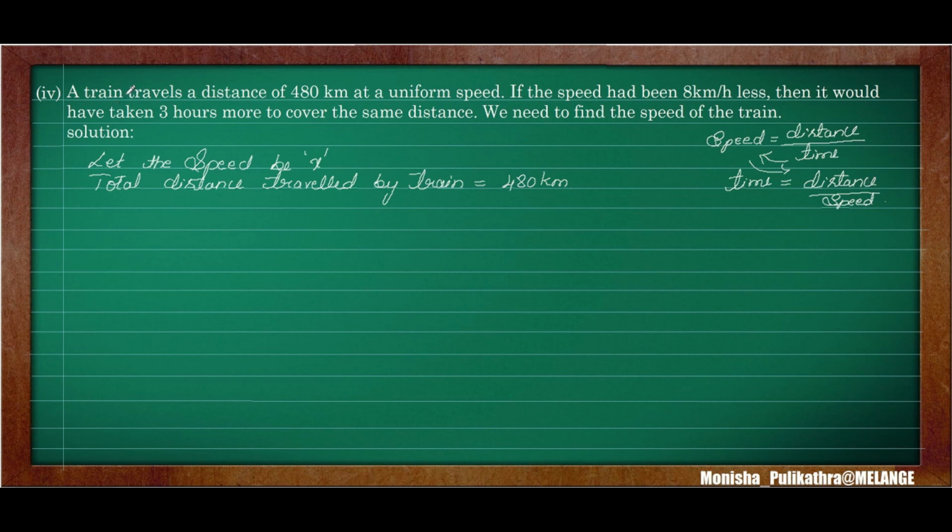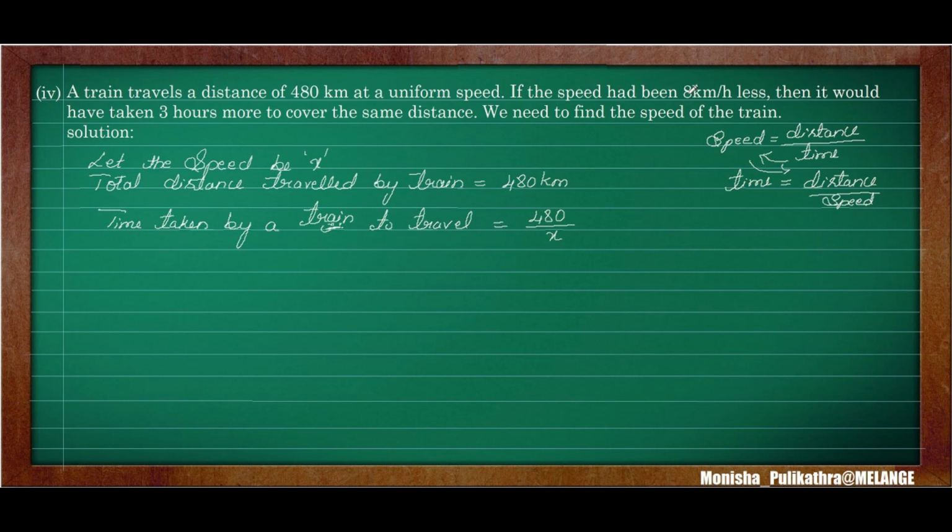A train travels a distance of 480 km at a uniform speed, so we can write the time taken by the train to travel as 480 km by x, which is the speed.